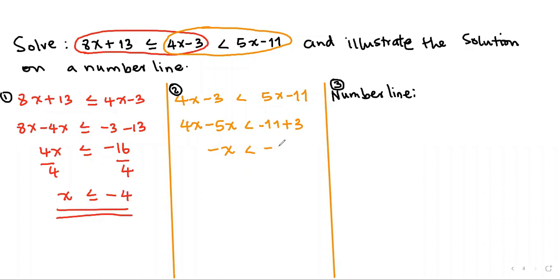That will be minus 8, right? So if we have minus x is less than minus 8, and we divide minus x by minus 1 and minus 8 by minus 1, it means that the sign will reverse. So we have more than, and it means that x is more than 8. Is it okay?